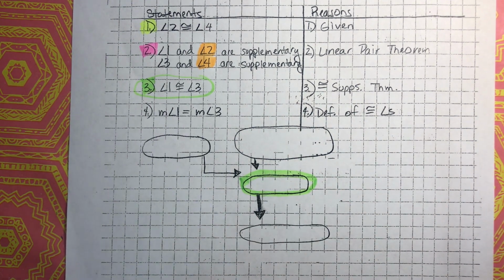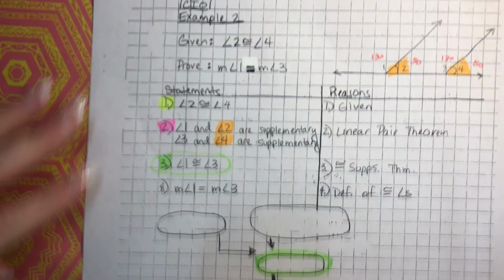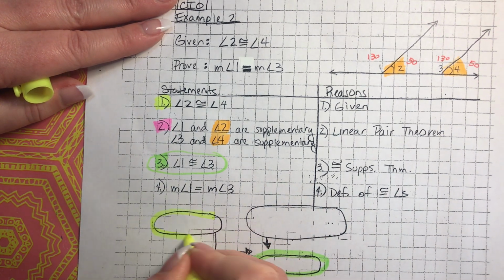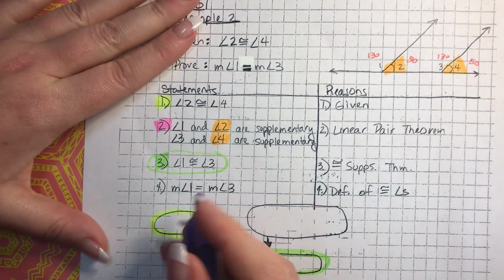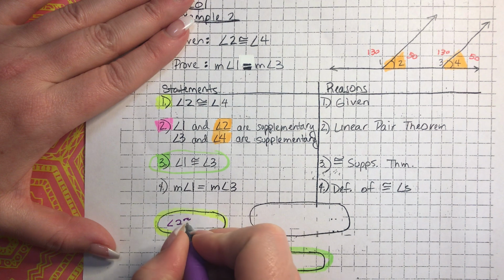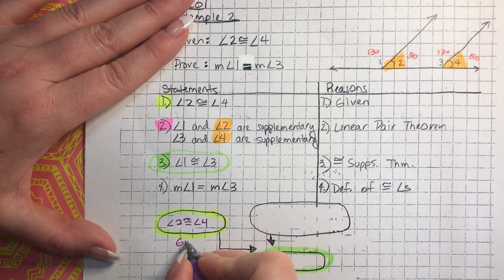It doesn't matter if you put this one here or that one there. We'll go ahead and put this yellow information here and this one here. So we'll say that angle 2 is congruent to angle 4, and that's just given.